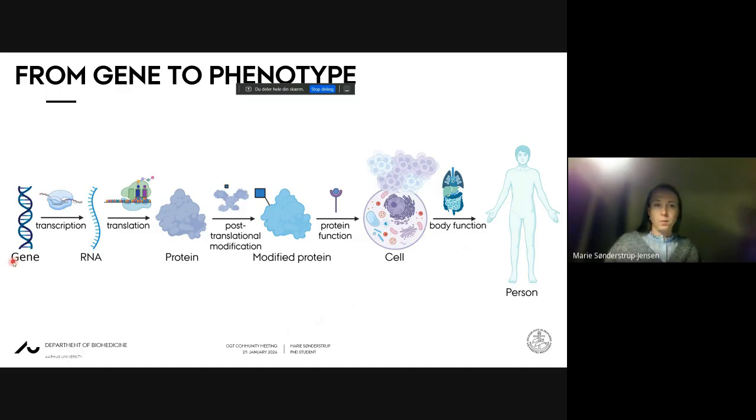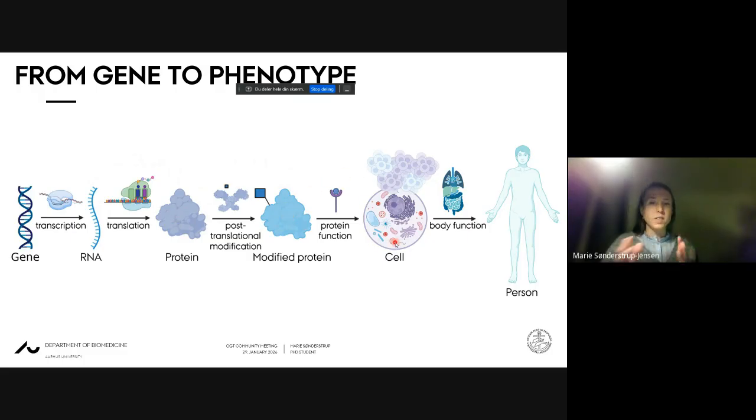So in all of our cells, we have the same DNA with the same genes that can be expressed or active in different cells. Genes can be made into what is called RNA, and RNA can be made into proteins that have a function in the cell and can have different functions in different cells. Proteins can be modified, and this modification can also affect their function within the cell.